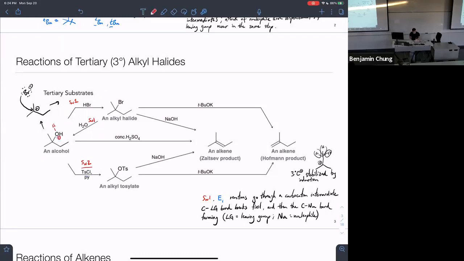So just to remind you guys what tosyl chloride looks like. Essentially, you have, okay, maybe I'm going to redraw it because that's going to be a little confusing.